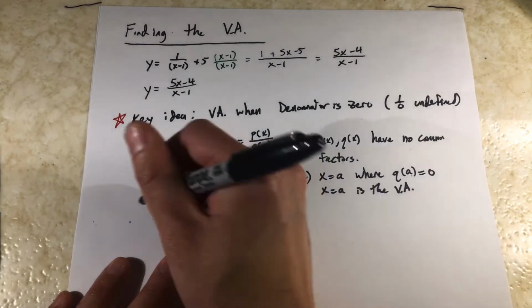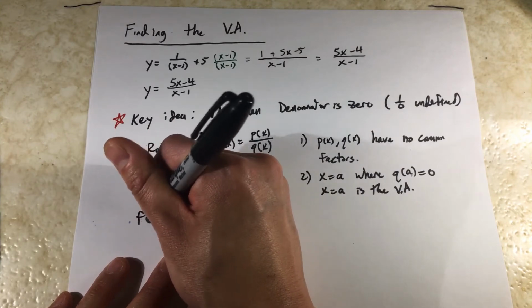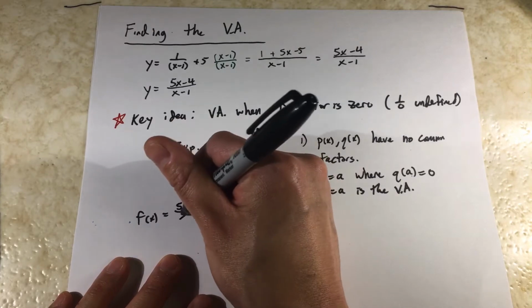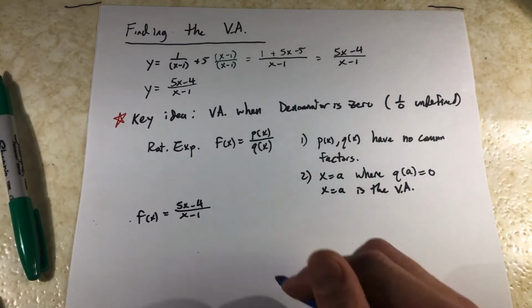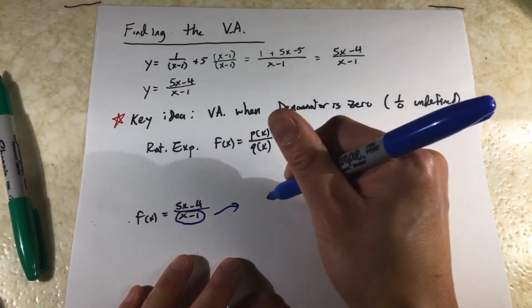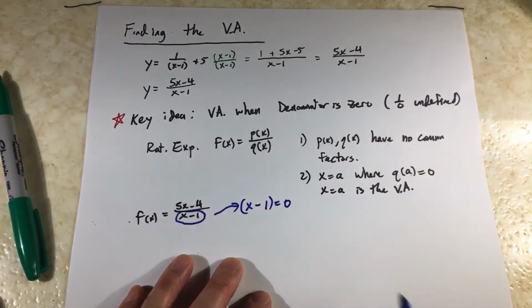All right. So let's look at our function here. f of x is equal to 5x minus 4 over x minus 1. Our goal to find the vertical asymptote is to take this denominator and figure out at what point it is equal to 0.